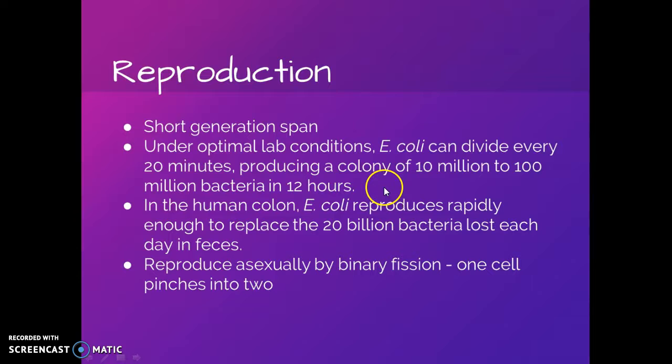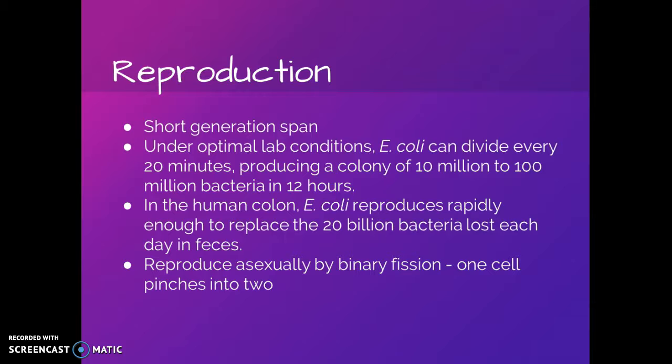In lab conditions, E. coli can actually divide every 20 minutes, which means they can produce a colony of 10 million to 100 million bacteria every 12 hours. Every day we lose about 20 billion bacteria through our fecal material, and E. coli can reproduce quickly enough to replace those 20 billion bacteria every day.